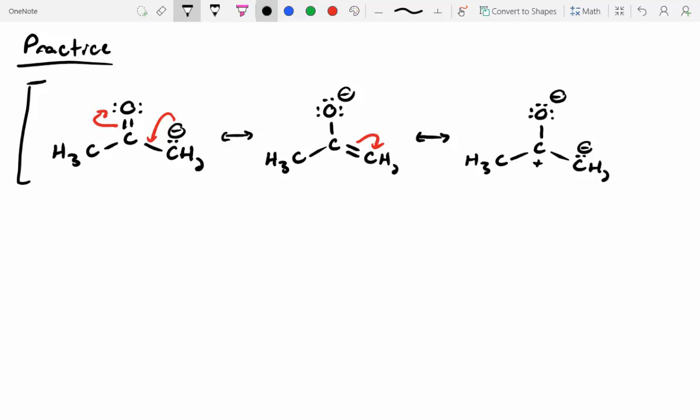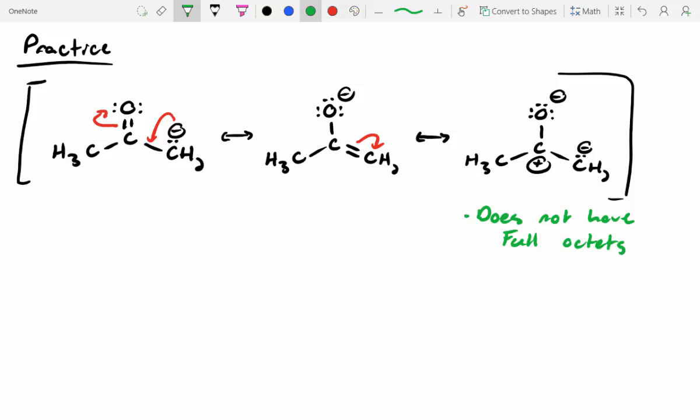So if we do this one, we've got that. All right. Rule number 1 says full octets take priority. Which one doesn't have full octets? Right. The far right one, right? So we could say this does not have full octets.